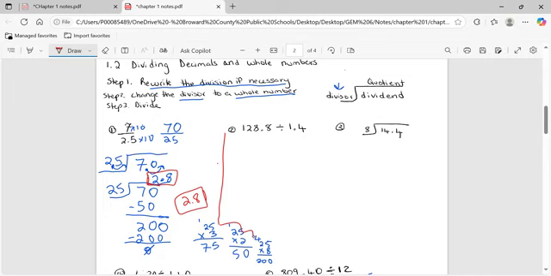Let's look at number 2. All right, so for number 2, we have 128.8 divided by 1.4. That means I have 1.4 outside and 128.8 inside.